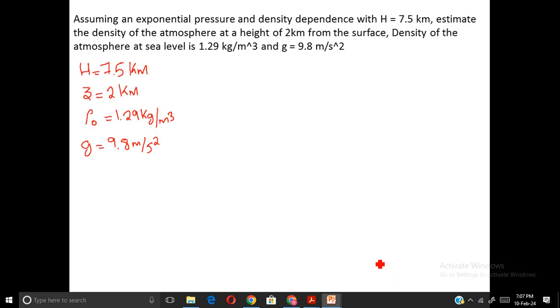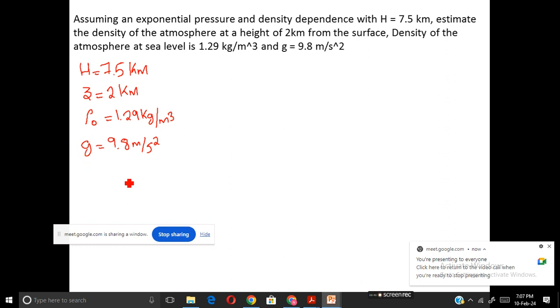So this much they have given. g is equal to 9.8 meter per second square, and we have to calculate rho at a height of z equal to 2 km. Which equation should we use?